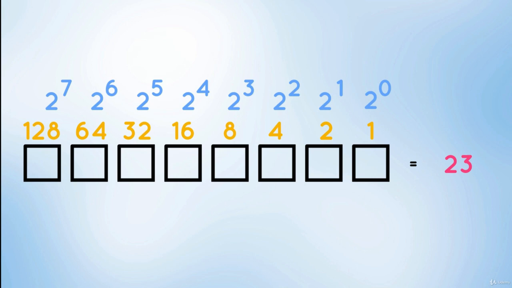Now each box can only accept one of 2 values, 0 or 1. So we want to put in binary the number 23. We wish to represent this number in binary format.